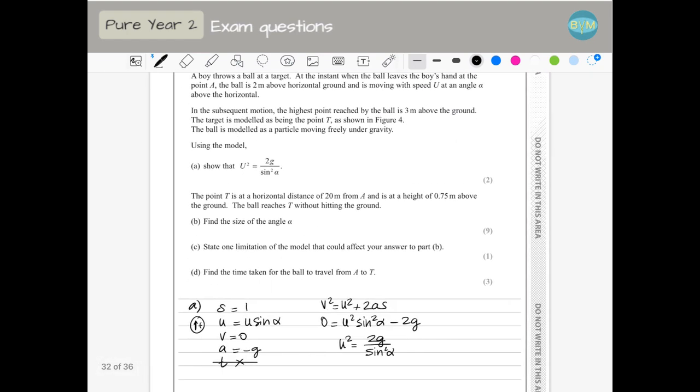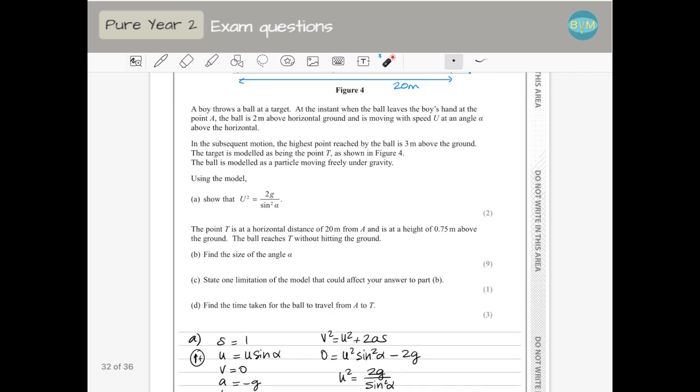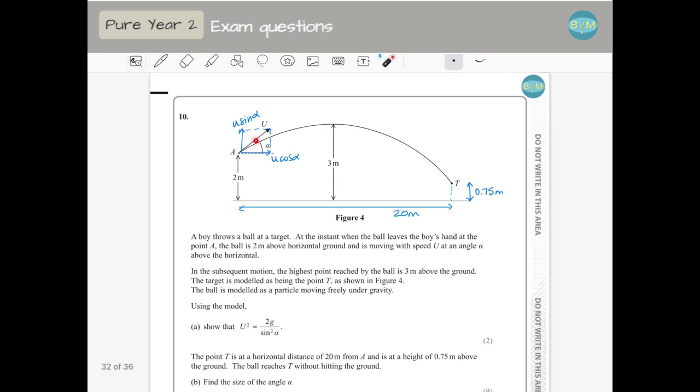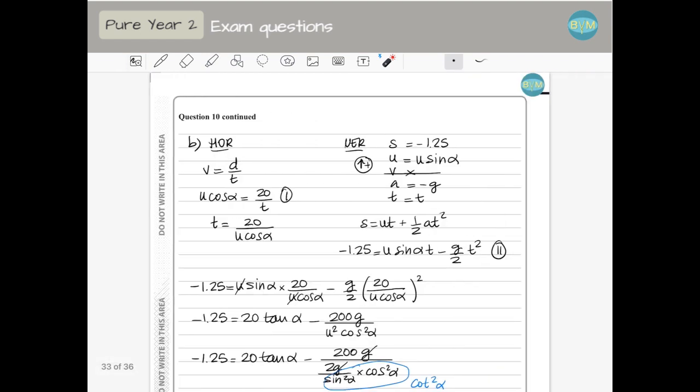And the last thing, find the time taken for the ball to travel from A to T. So we need time taken from here to here. We have an expression for the time, where we know that T is 20 divided by U cos alpha. We know alpha, so if we know alpha, we know cos alpha.